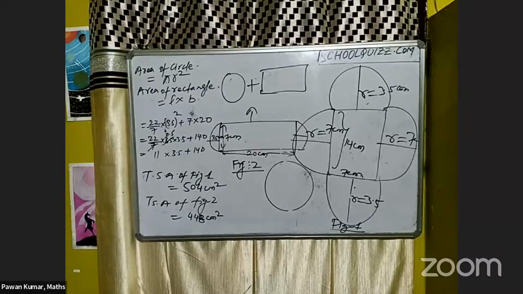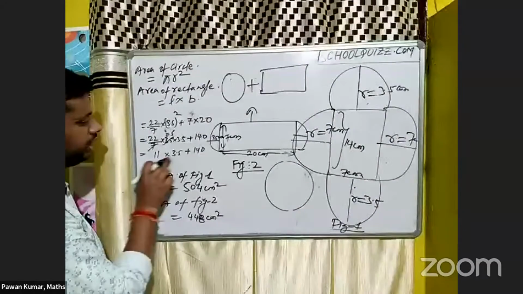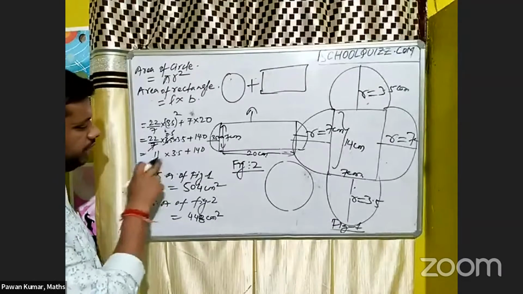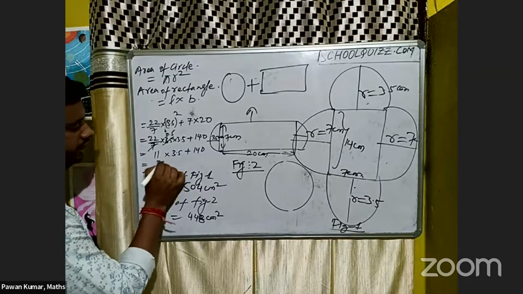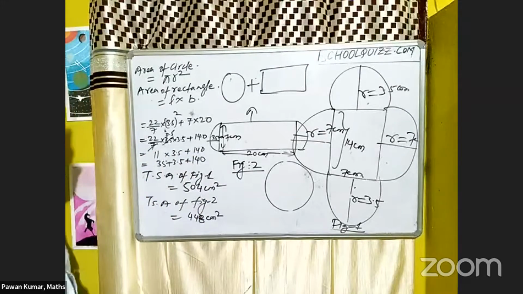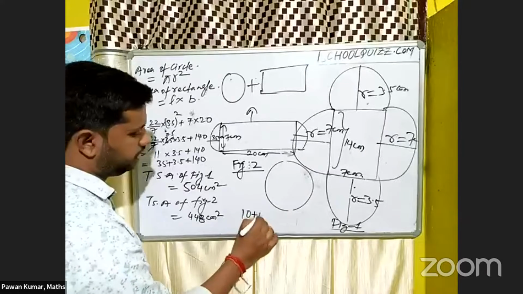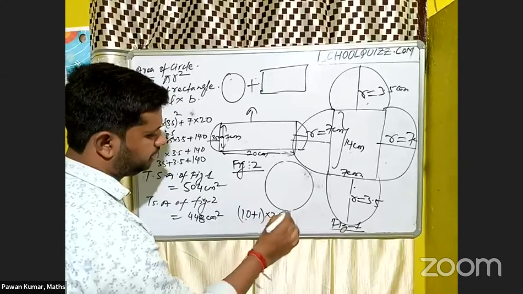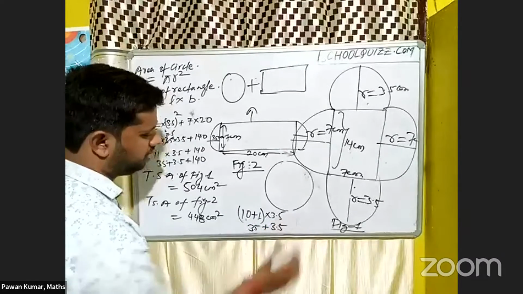Clear? Now listen here. Multiplying 11 into 3.5 will be easy if you do 10 into 3.5 plus 1 into 3.5. So 11 I can make as 10 plus 1. 3.5 into 10 is 35, 1 into 3.5 is 3.5.